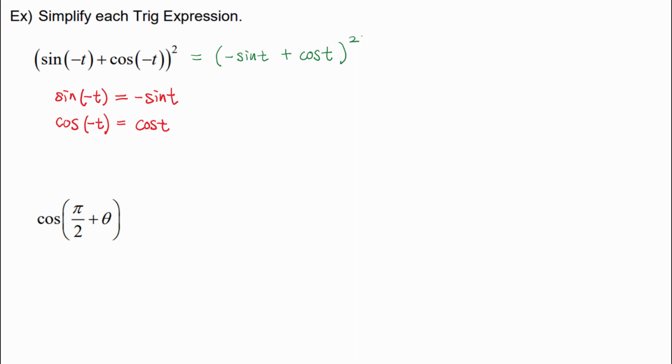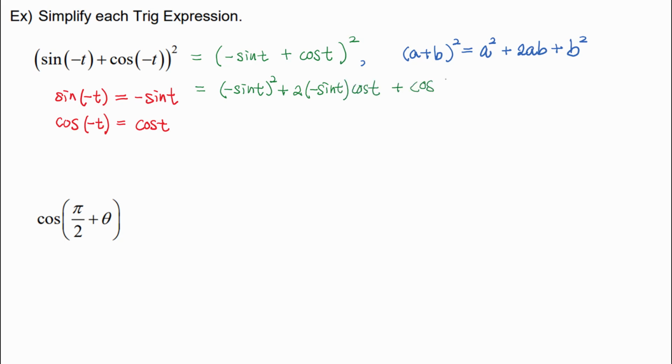Now we have to use algebra. What was any binomial square? It was a square plus 2ab plus b square. Very good. So let's apply that to negative sine t and cosine t. We are going to apply negative sine t square plus 2 times negative sine t cosine t plus cosine t square, which is the same as cosine square t.